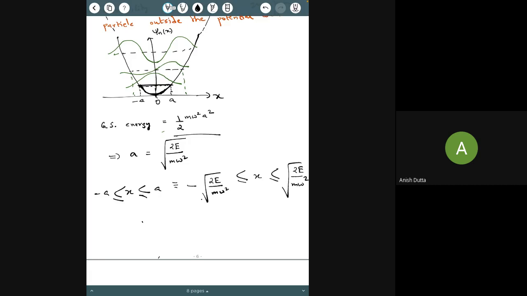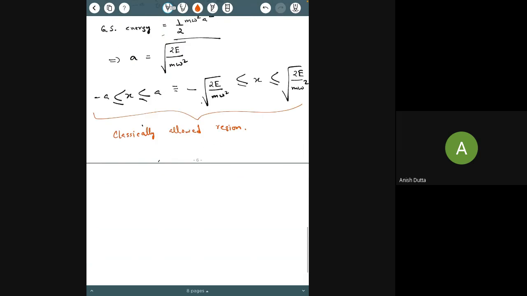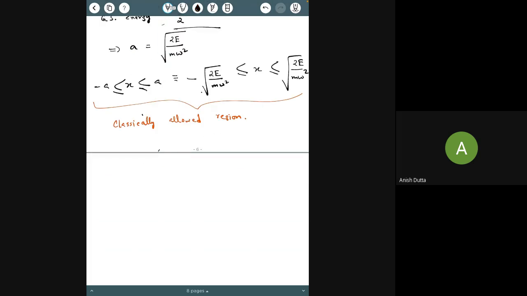So this is basically the classically allowed region. What we want to find out is the probability of finding x greater than A, which is the integral from A to infinity of mod psi n squared dx.